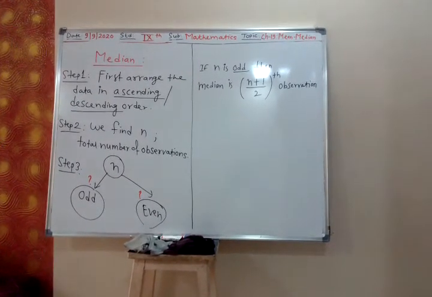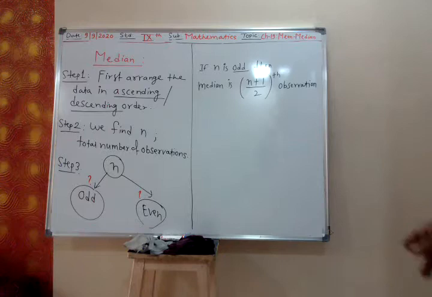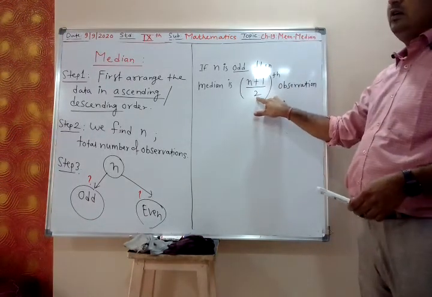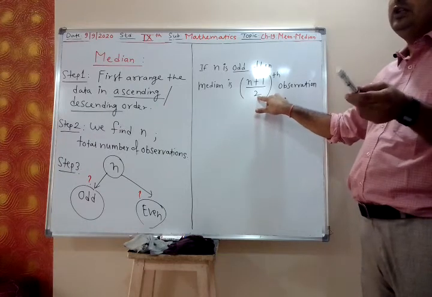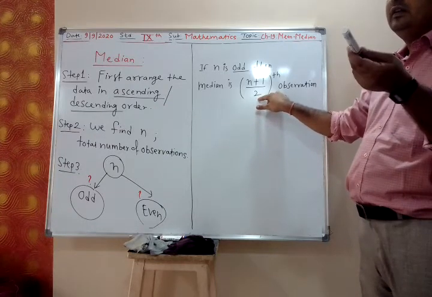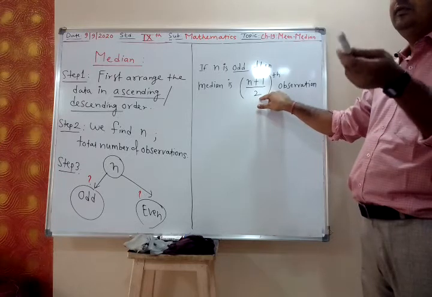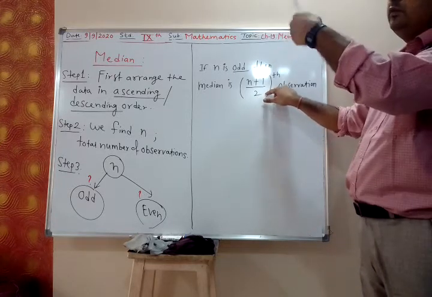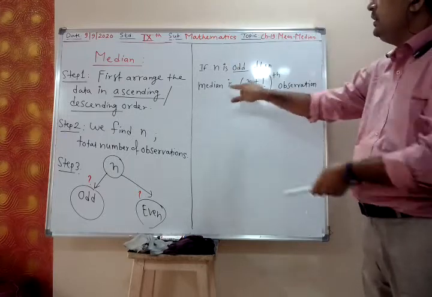If n is odd, then the median will be the (n plus 1) upon 2 th observation. This is the position, it gives you the position of the median. For example, you will get 3rd, 4th, 5th, 6th position. The value at that position will be the median.